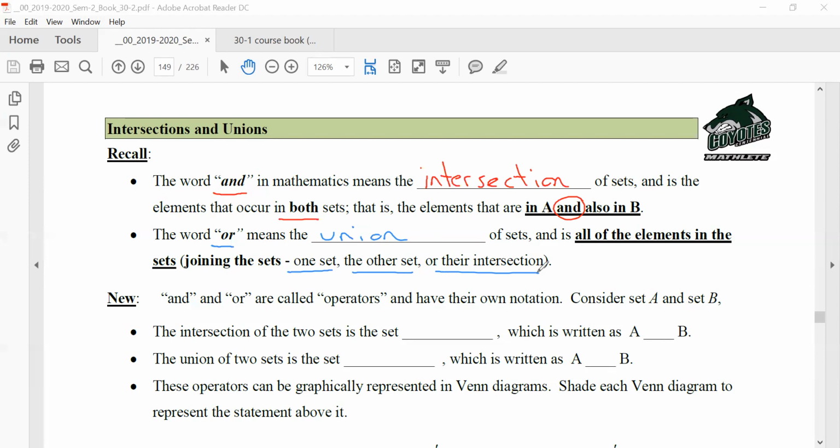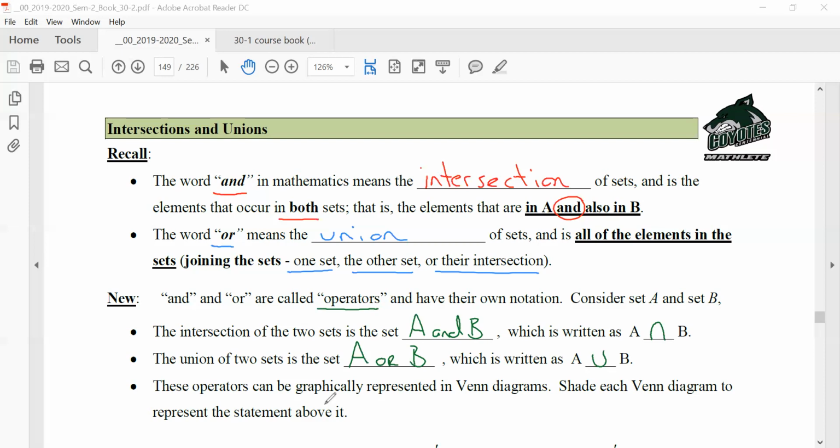Today, what we're going to look at is just using the symbols a little bit more, which are called operators, which are on our formula sheet, by the way. So the intersection of the two sets is the set A and B, and we use the symbol, remember we saw that last lesson, almost looks like an upside down U. The union of two sets is A or B, and that looks like a U, conveniently, right?